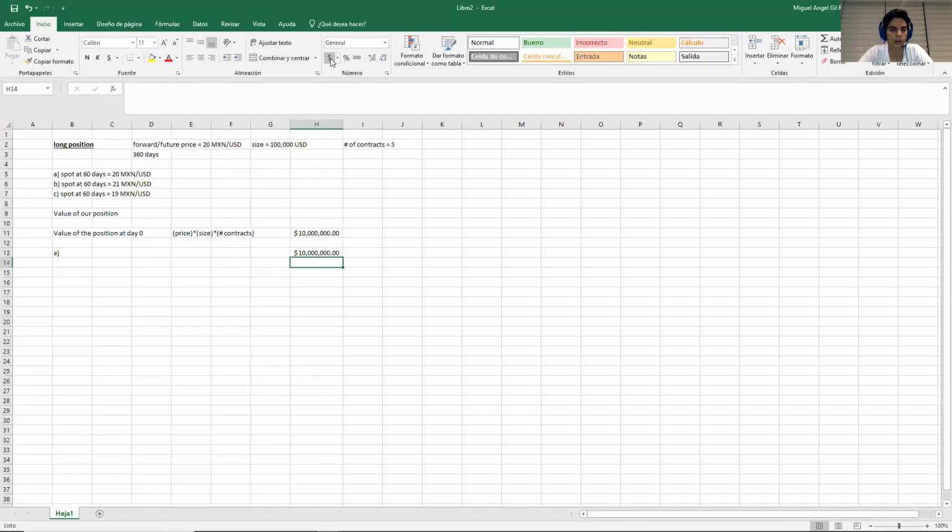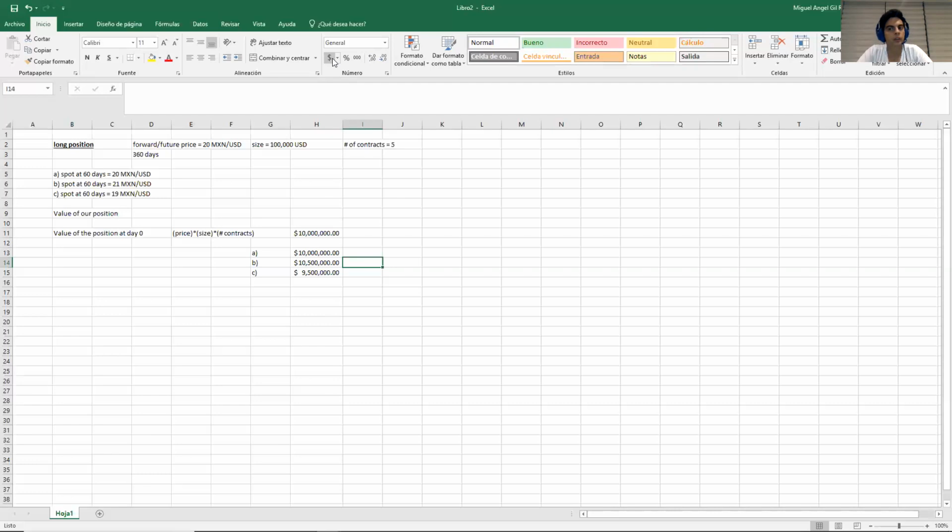Then, for the second assumption, it will change a little bit because now it's 21 times 100,000 times 5. And then letter C, it will be 19 times 100,000 times 5. So it's a bit different.